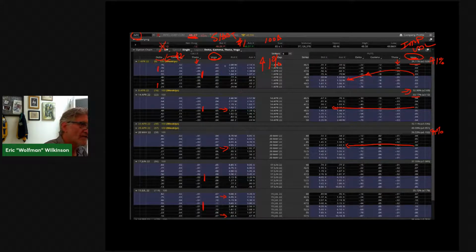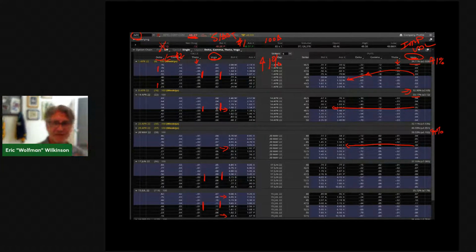You can also see that Vega affects further options more than the nearer options. So Vega affects the further ones, theta affects the nearer ones. And remember, if you got that light bulb moment, smash the like button for me.